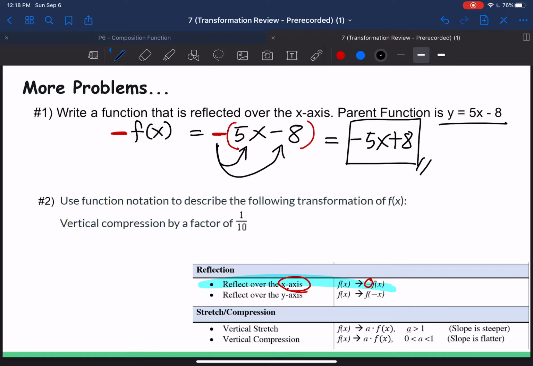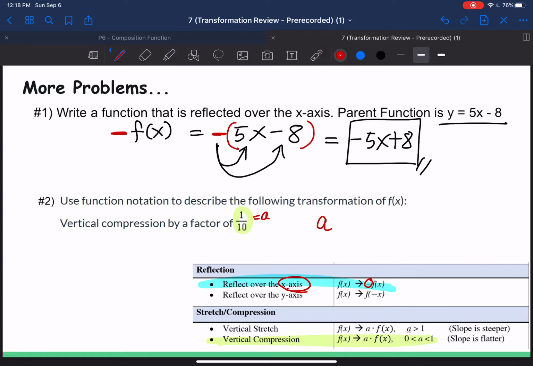Number 2, use function notation to explain the following transformation of f of x. Vertical compression by a factor of 1 over 10. Vertical compression, all you have to do is multiply this factor in front of your function. So this is your a.